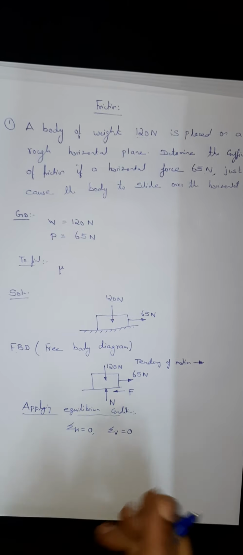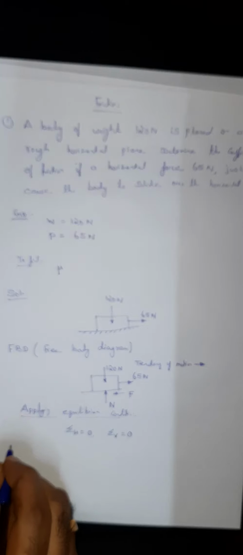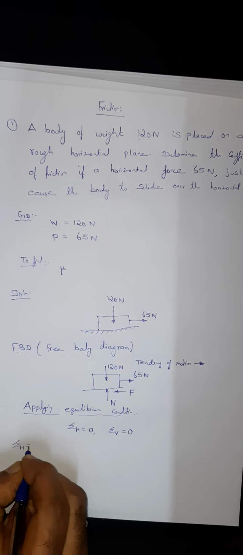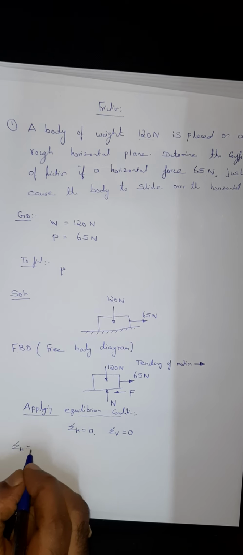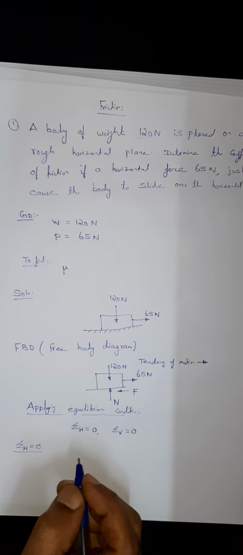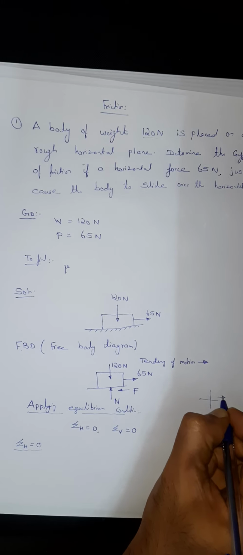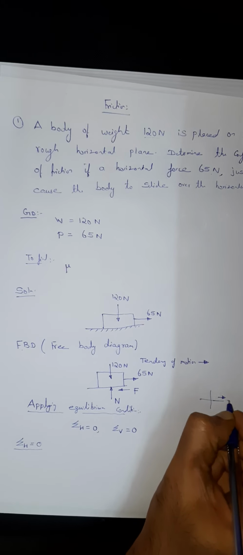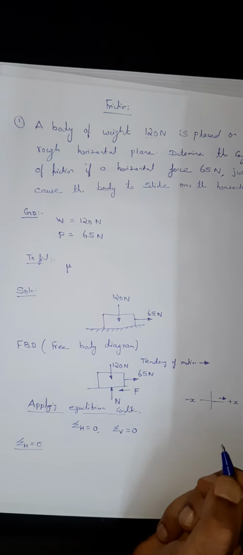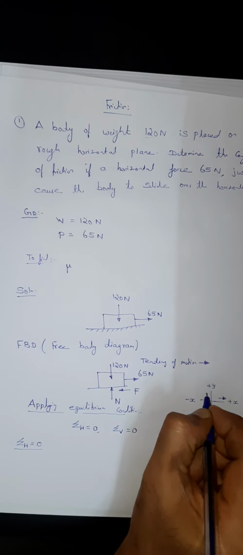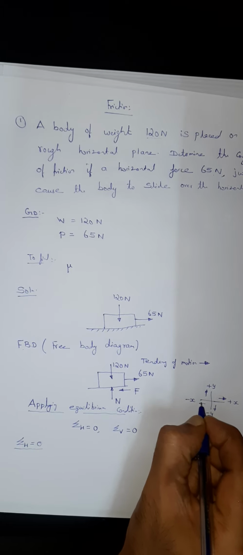Now let's resolve all the forces on the horizontal, that means the positive and negative x direction. So summation H is equal to 0. The force acting towards the right is positive x, and towards the left is the negative direction of the x axis. This is positive y direction, and this is negative y direction.